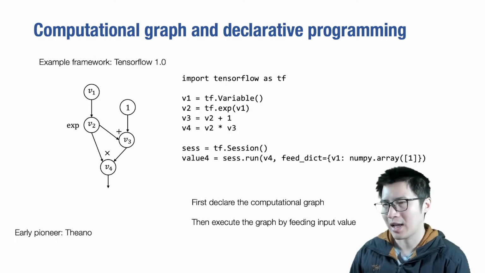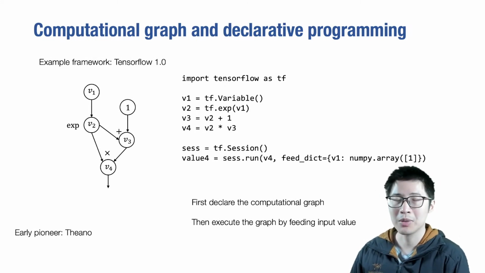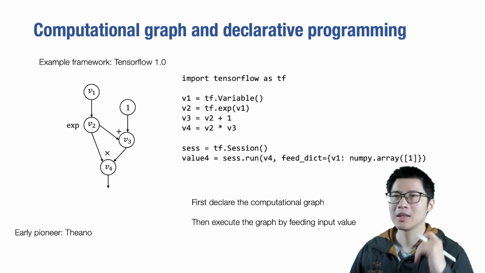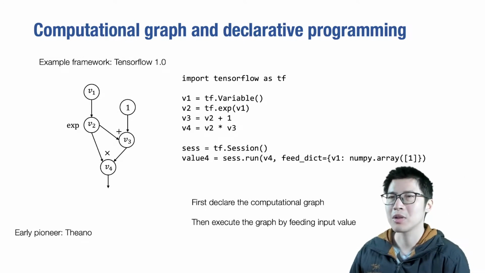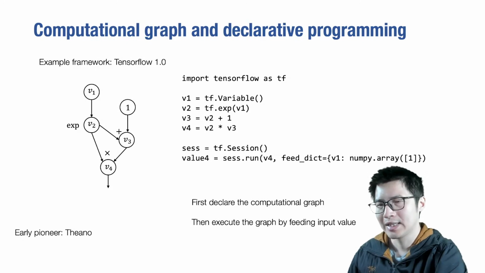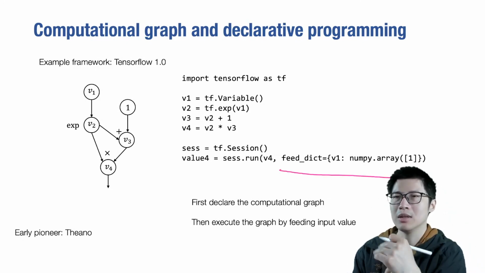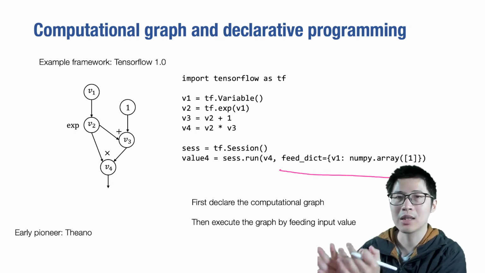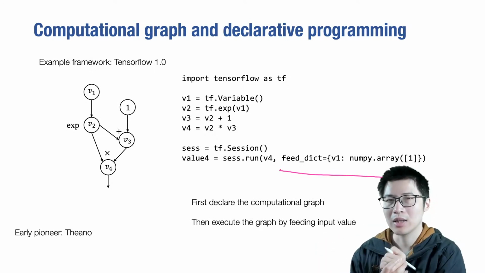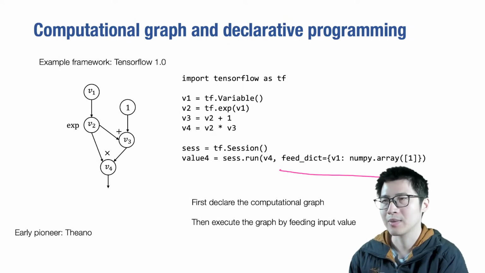Imagine I have a local laptop that doesn't even come with a GPU, and I have a remote session that contains a GPU. What you can do is send the data to the remote. There's a remote executor that really runs the computational graph, and then it gives you the result back in value form.